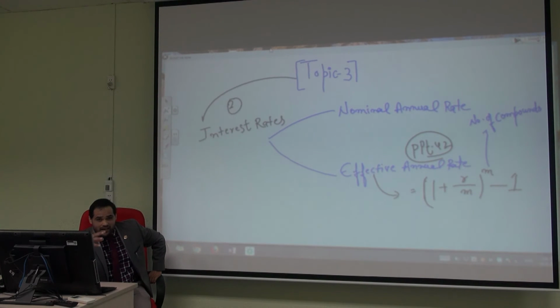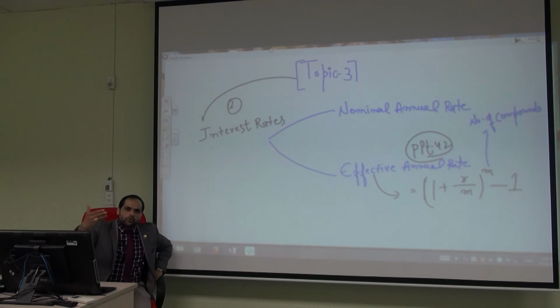Annually, EAR is of course similar to nominal because it's annual. Semi-annually, the rate changes from 8% to 8.16%. And if we invest quarterly, the rate changes from 8.16 to 8.22. So 8.22 is the quarterly effective annual rate. The idea is that if your number of compounds is increasing, EAR will be higher. EAR keeps going up. So that's the idea behind the nominal annual rate and effective annual rate.